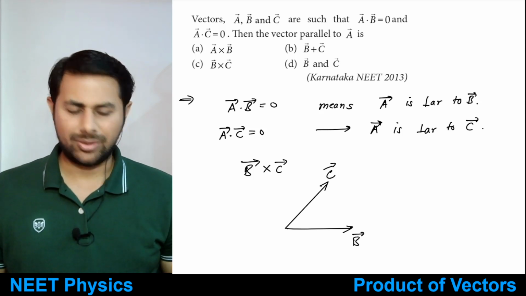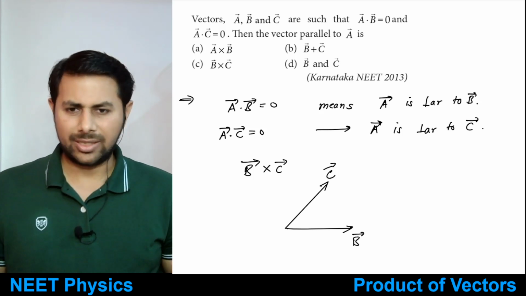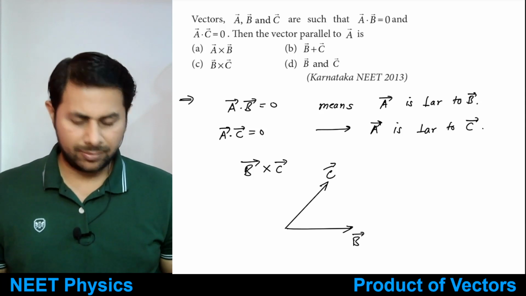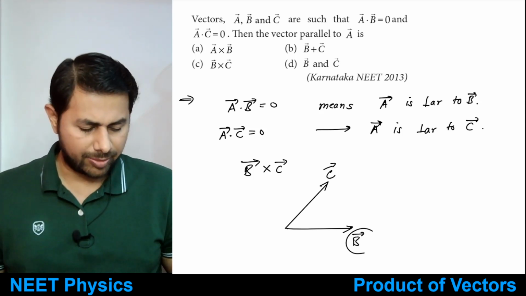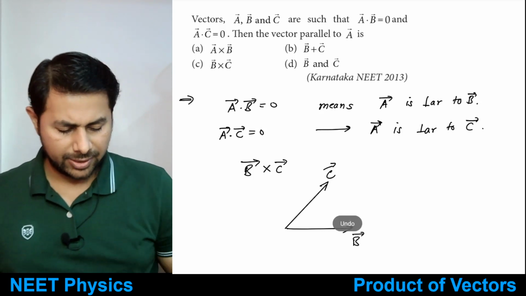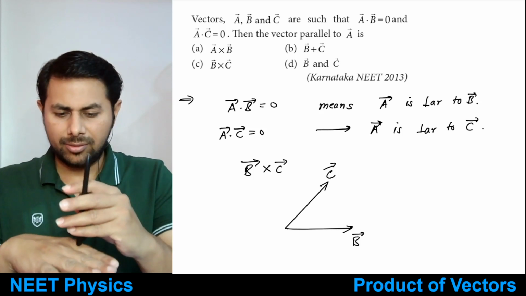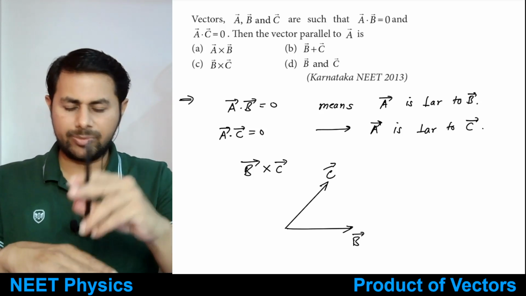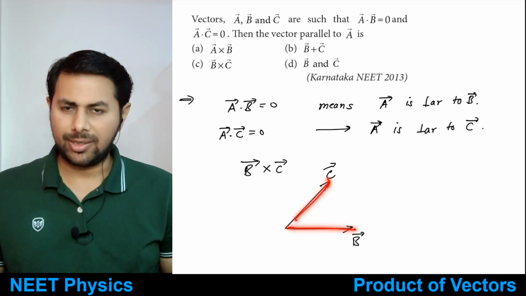What will be the direction of b bar cross c bar? Outside the plane of board, right? And that is perpendicular to b bar as well as c bar. Okay, that is perpendicular to whole plane. Into the plane or outside the plane, it's perpendicular to whole plane. That means it is perpendicular to b bar as well as c bar.